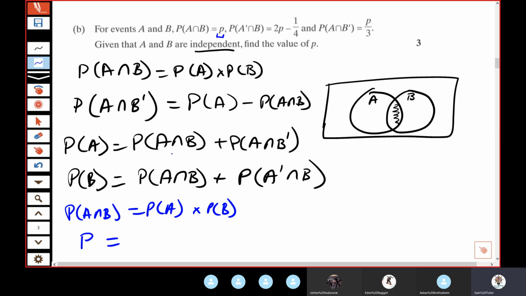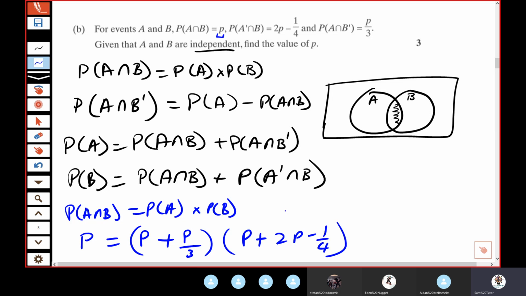Probability of A is A and B plus A but not B. So that means p plus p on 3, multiplied by the probability of B, which is, again, probability of A and B plus probability of A but not B, which is 2p minus a quarter. Sorry.